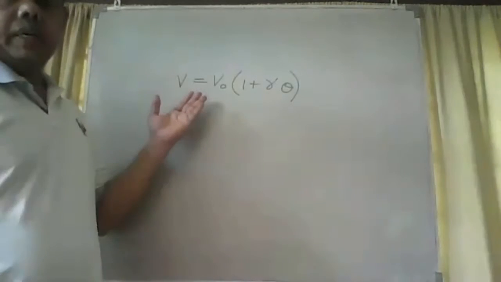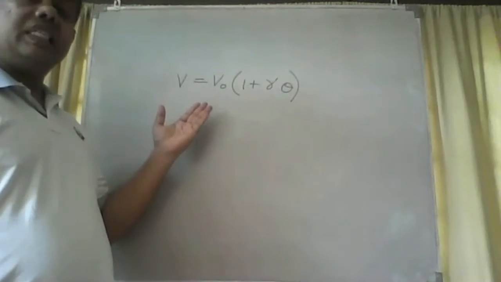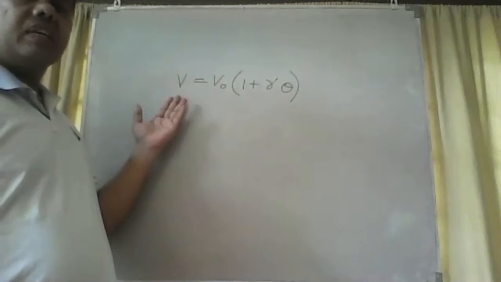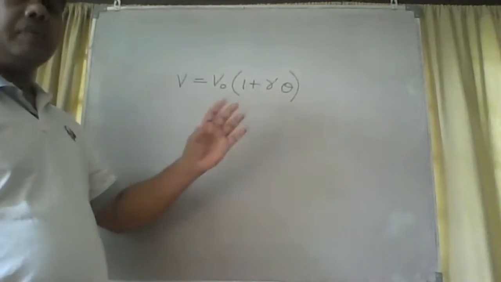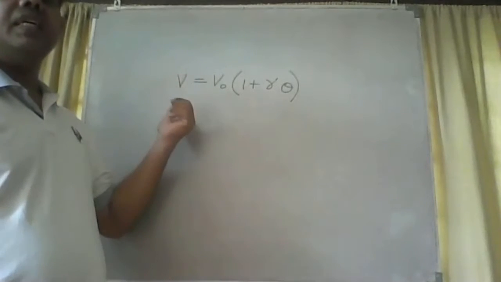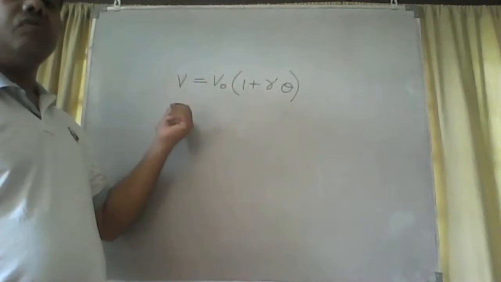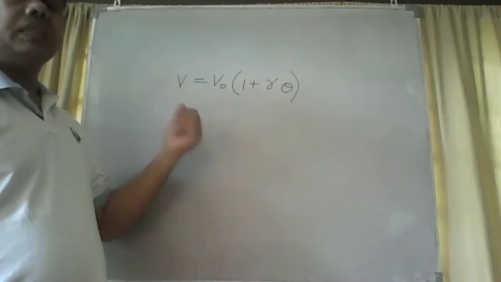Volume expansion. For solid objects, volume expansion can be expressed as in the following equation. Here, V naught is the initial volume, V is the final volume, theta is the temperature difference, gamma is called the volume expansivity.